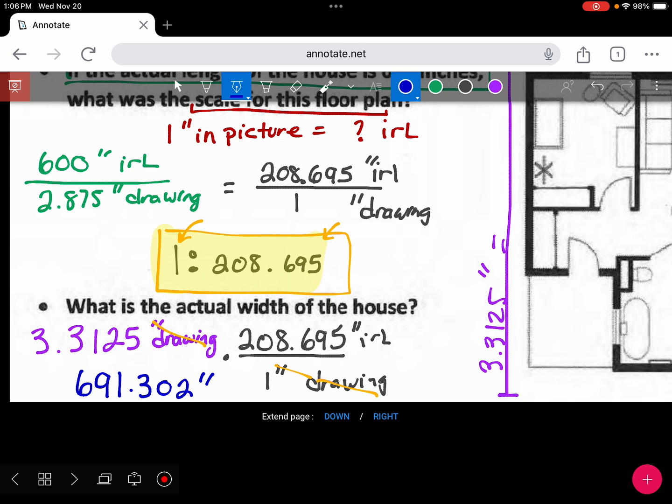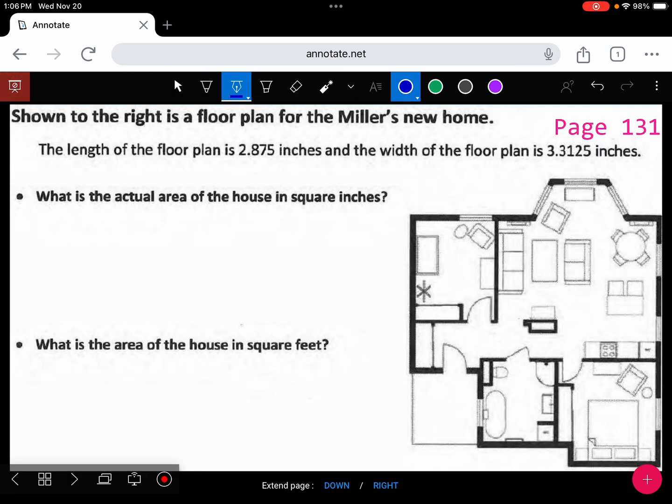So our next question is going to take those two values to find an area. Our next question is to find the actual area of the house in square inches.